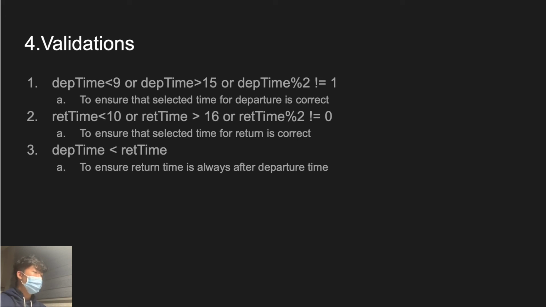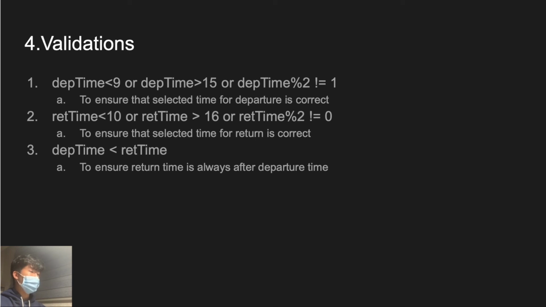The second one is about selecting time for return train. So this is used to ensure that selected time for return is correct. And finally, dep time is smaller than ret time, and this validation is used to ensure that return time is always later than the departure time. These are the 3 validations used.